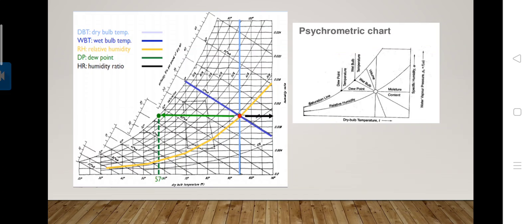Here the dry bulb temperature lines are faint blue lines, the wet bulb temperature lines are dark blue, relative humidity is a yellow line, the dew point lines are green, and the humidity ratio lines are black. Here in the psychrometric chart we separate all these lines and give the names. We see one by one.